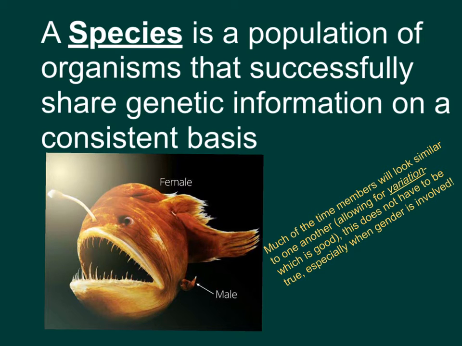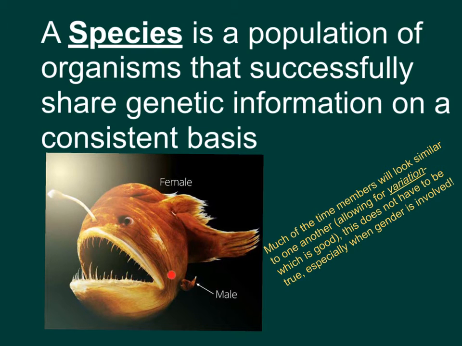And the reason for that is that the male, as soon as it's hatched, swims around, looks for a female, bites onto the female, and then lives much like a vampire for the rest of its life on the female. The female does all the feeding, and the male only exists as a source of reproductive sperm material.